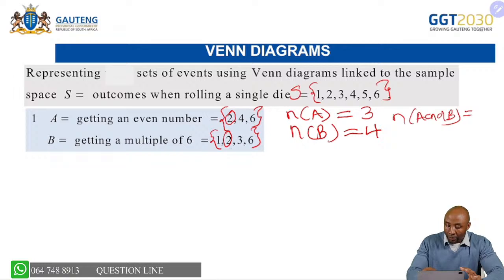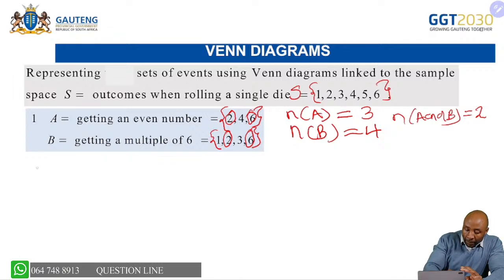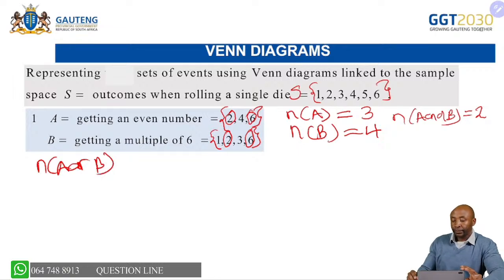Now, we also have a 6 in set A, and a 6 in set B. So in short, the number in A and B, the ones that appear in both, it means it's 2 and 6. Now, but we want to check the number in A or B. How do we get the number that will be in A or B?